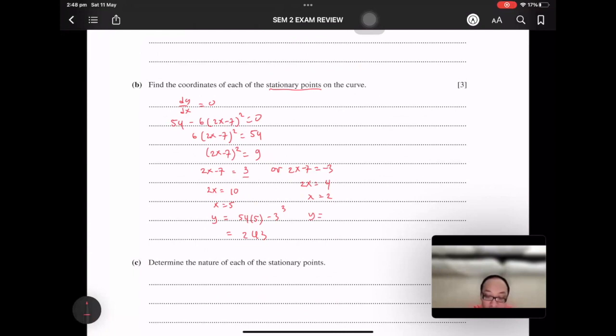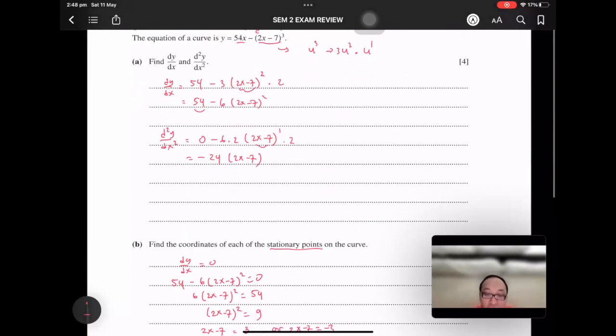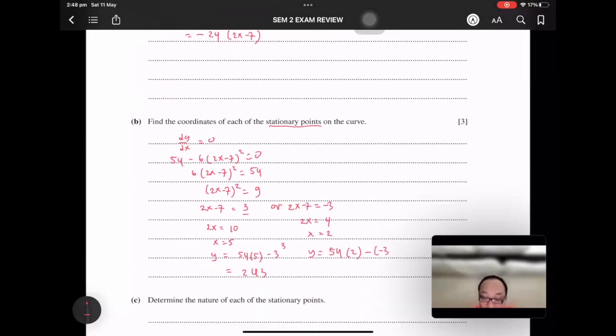And the other one, 54 times x, which is 2, minus (2x minus 7) cubed. So 2x minus 7 is negative 3, cubed. So 54 times 2 plus 27, 135. So these are the coordinates of the stationary points: (5, 243) and (2, 135).